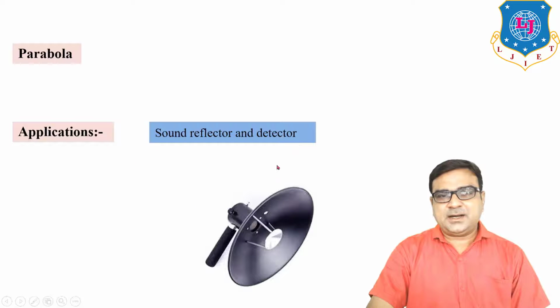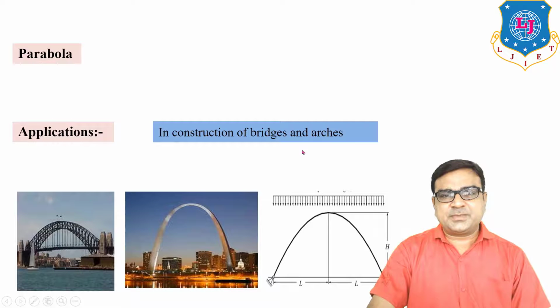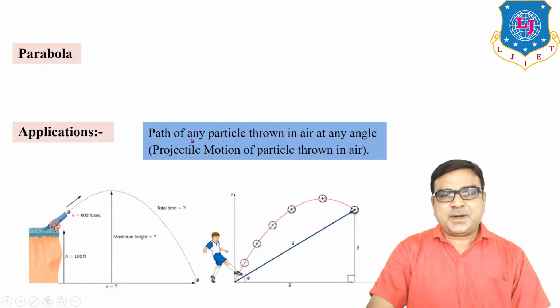Sound reflectors and detectors are also available in parabolic form. Again, construction of bridges and arches is also of the shape of a parabola. And the path of any particle thrown in the air at an angle, the projectile motion of a particle thrown in the air. When you throw any ball or any object in the air, the profile of that particular object is exactly a parabola.